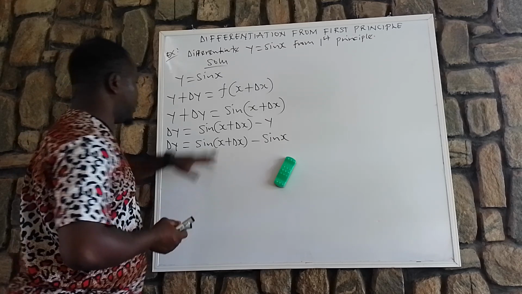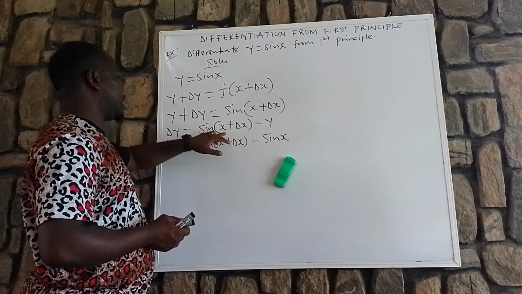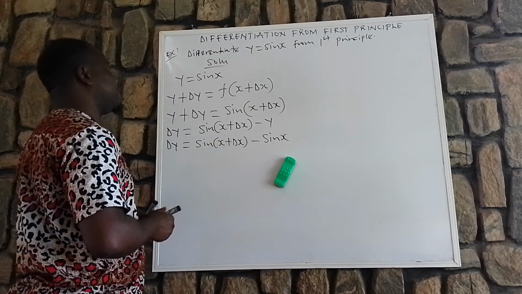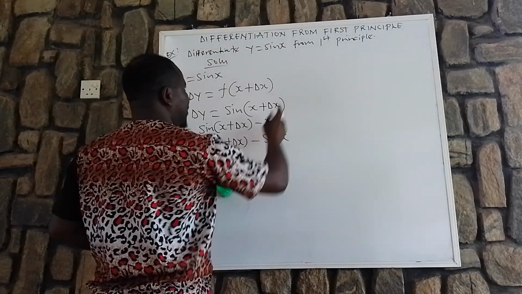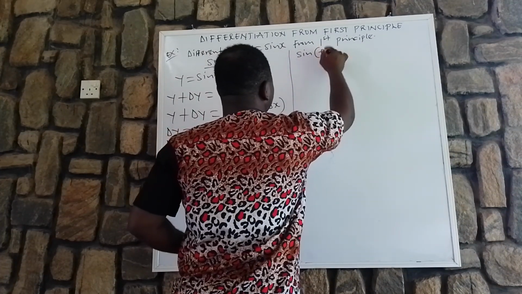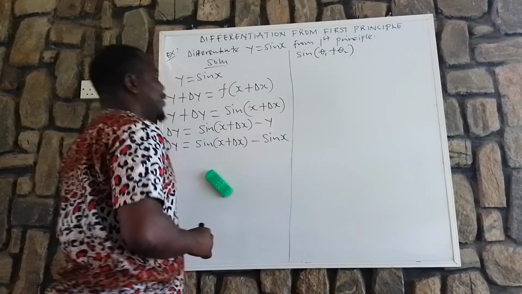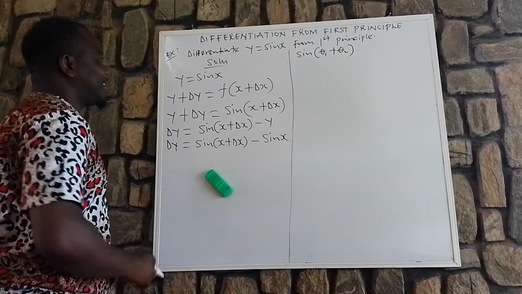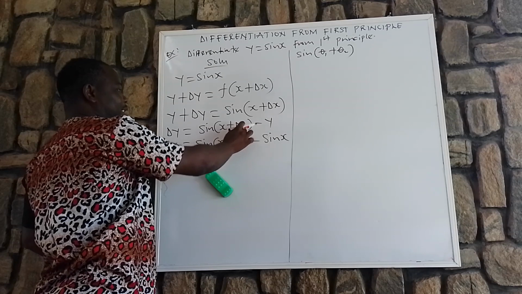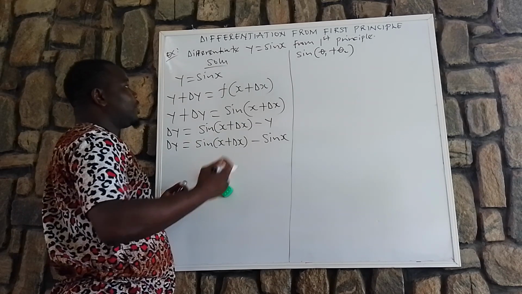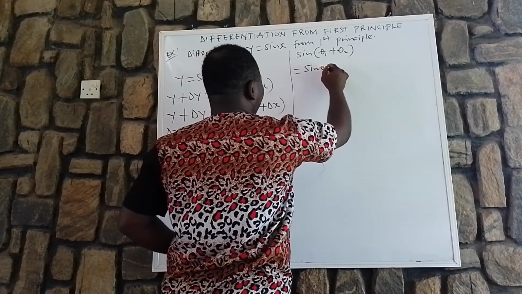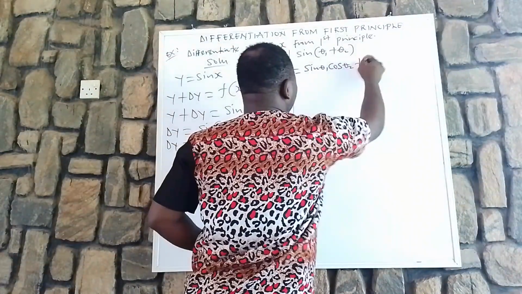Now let us go back to elementary trig. If we have sine of x plus dx, elementary trig will tell you that if we have sine of theta 1 plus theta 2, it is sine theta 1 cos theta 2 plus cos theta 1 sine theta 2. So your theta 1 is x, your theta 2 is dx.